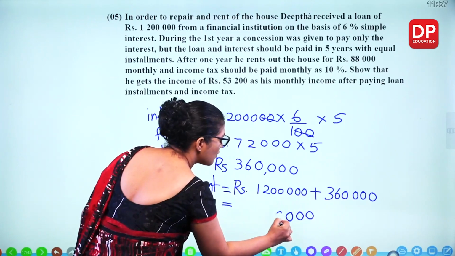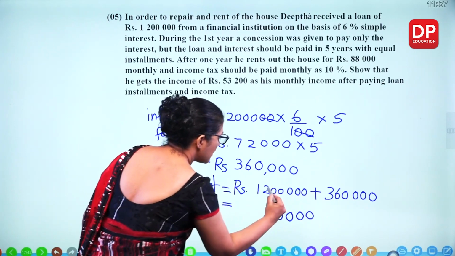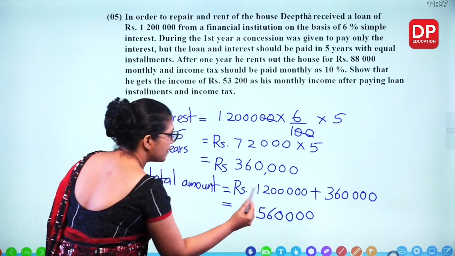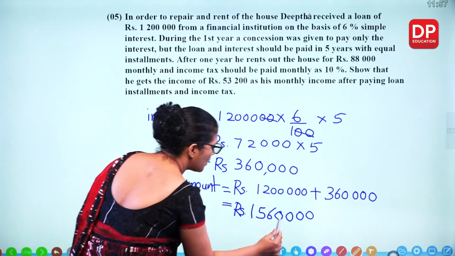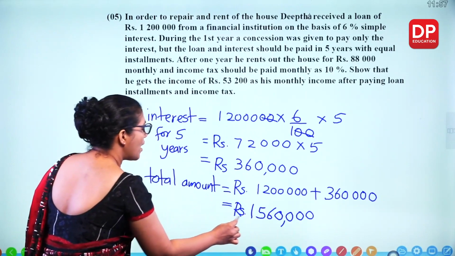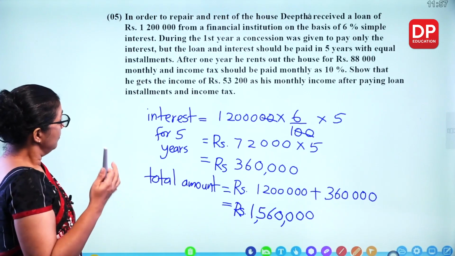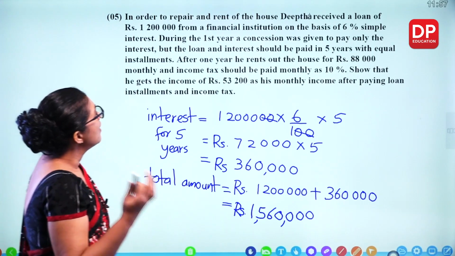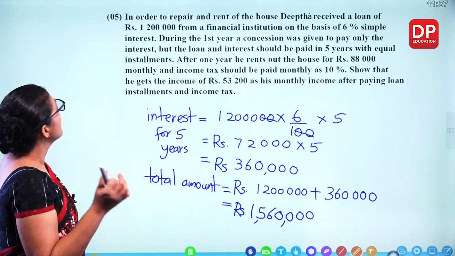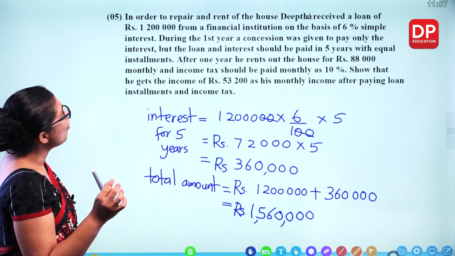Then 0, 6. 3 plus 2, 5, 1. So this is the total amount. 1,560,000 rupees. So this is 5 years with equal installments now.